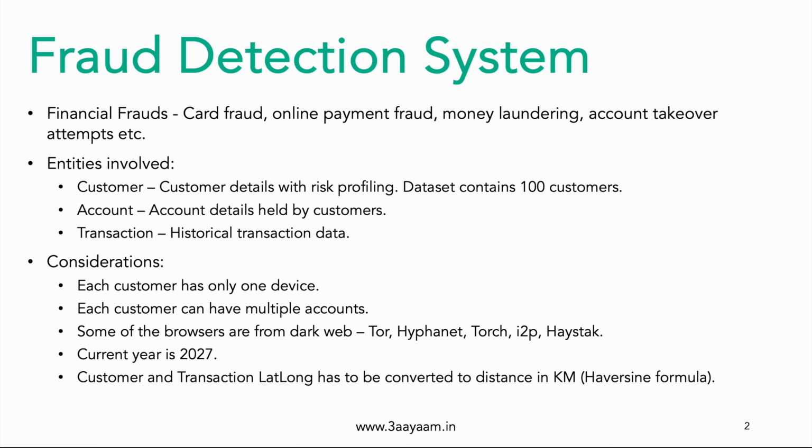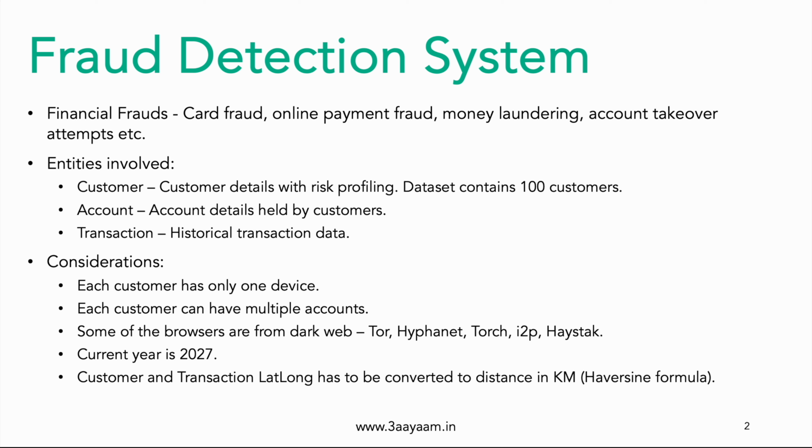First, let's talk about financial fraud. What is meant by financial fraud before implementing the fraud detection system? The purpose of fraud is that someone is trying to access your financial credentials in order to gain some financial assets using your account, your financial accounts, or your financial assets. There can be different types of financial fraud. There can be card fraud, credit card and debit card. There can be online payment fraud.